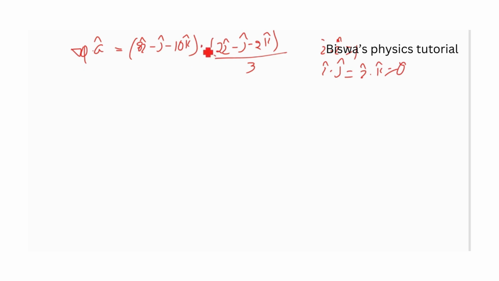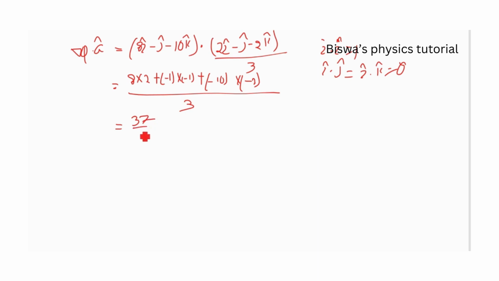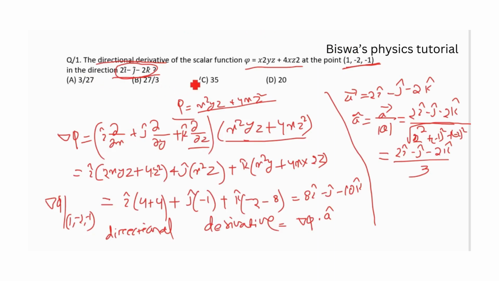So this becomes 8 into 2 plus (-1) into (-1) plus (-10) into (-2), whole divided by 3. If we calculate, it's 16 plus 1 plus 20, which is 37 by 3. This is our answer. If I match with the options, I get 27 by 3, so I think it's a typo. It's 37 by 3. This is the answer.